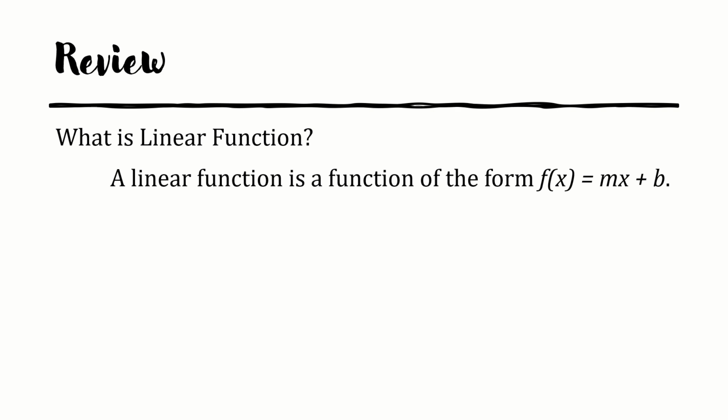M is the coefficient of the independent variable. It is also known as the slope and gives the rate of change of the dependent variable. As for dependent and independent variables, one important note that you need to remember is that the independent variable is the cause.